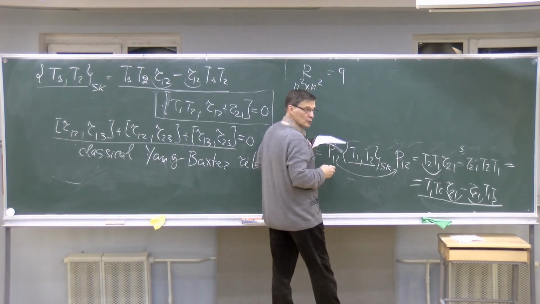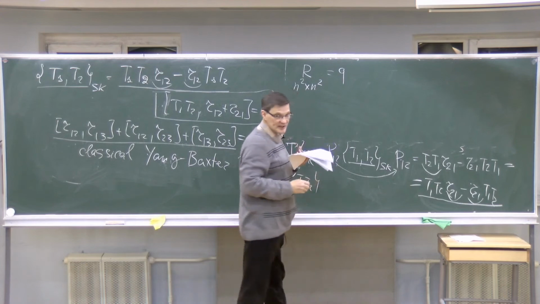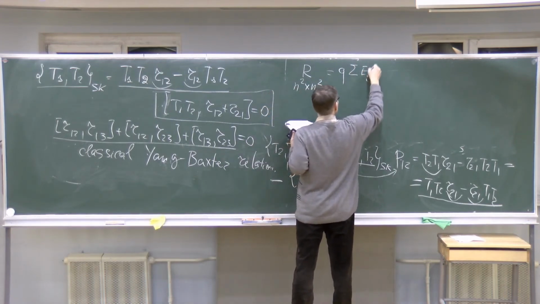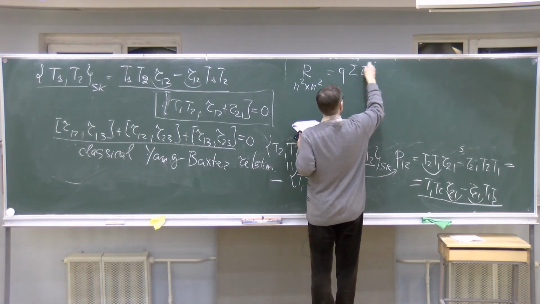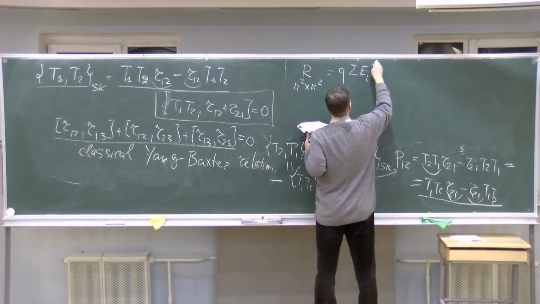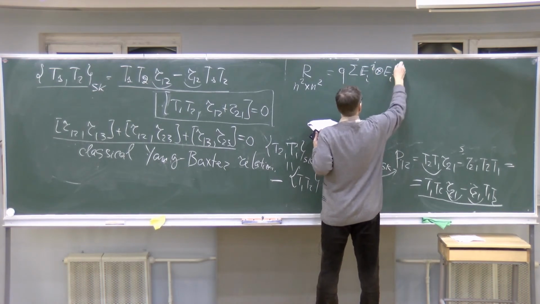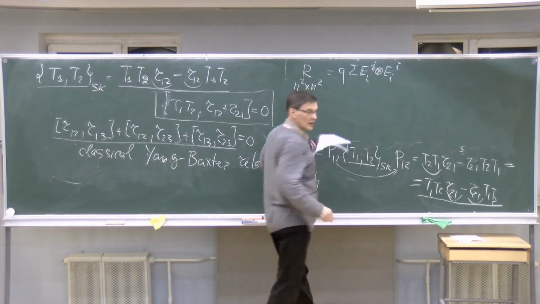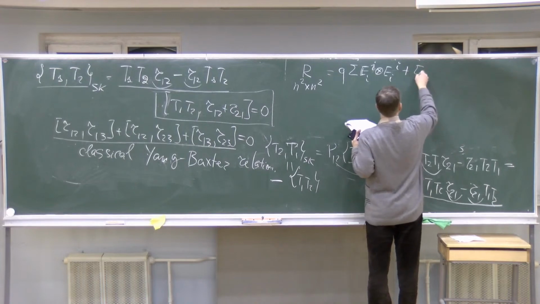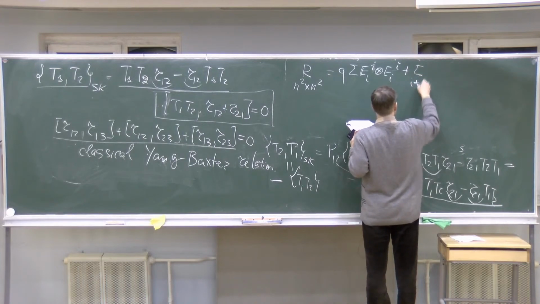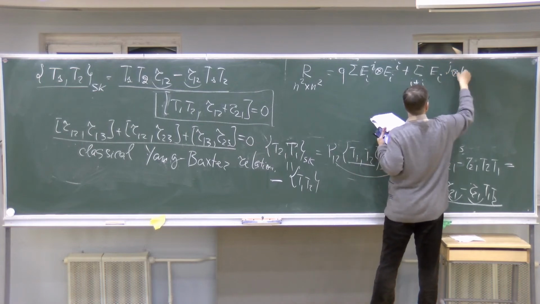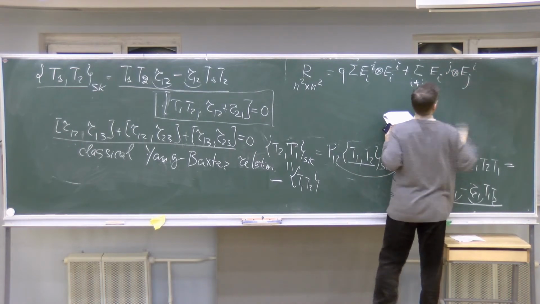A parameter Q, which is a non-zero complex number. Then I have a sum of E_ii tensor E_ii, diagonal matrix units, plus a sum over i not equal to j of E_ij tensor E_ji.